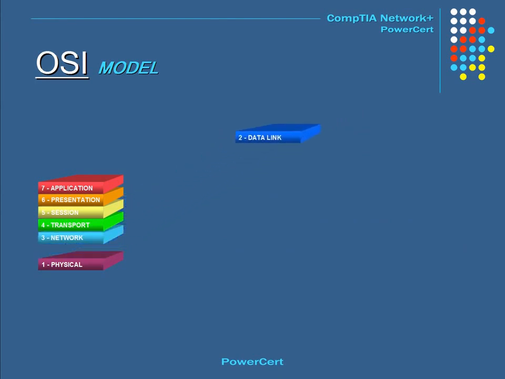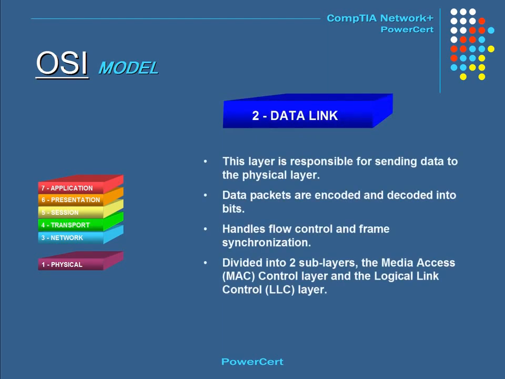The data link layer is responsible for sending data to the physical layer. Data packets are encoded and decoded into bits. It handles flow control and frame synchronization. It's also divided into 2 sublayers: the media access control layer and the logical link control layer.